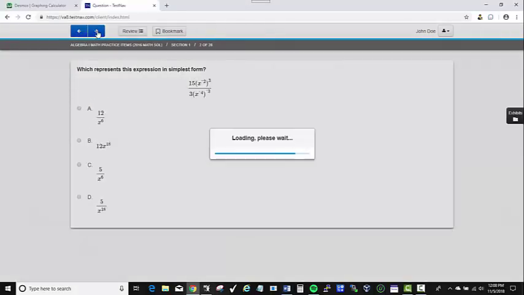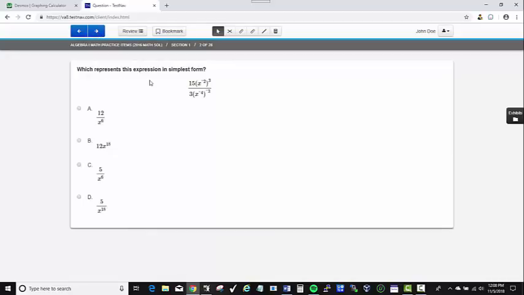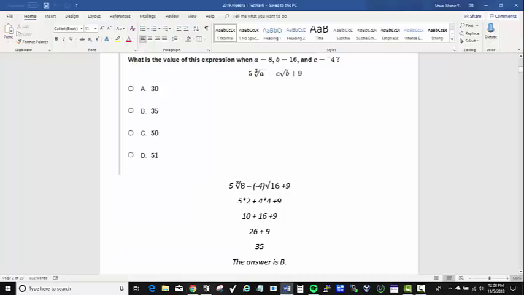Next question. Which represents this expression in its simplest form? We have 15 times x to the -2, cubed, over 3 times x to the -4, raised to the -3 power.